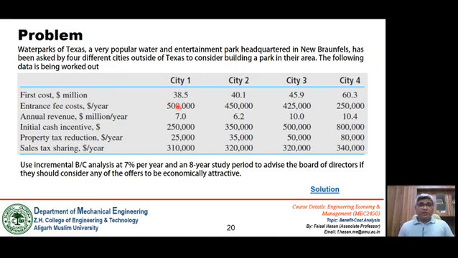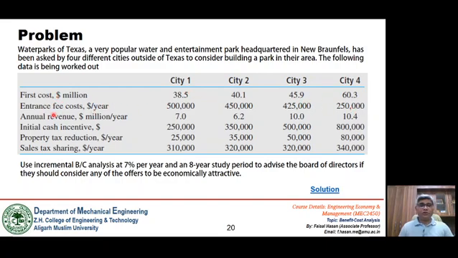If you see this example, not going into the text, simply what is given is that a water park is to be established in any one of 4 cities. The associated costs are given.